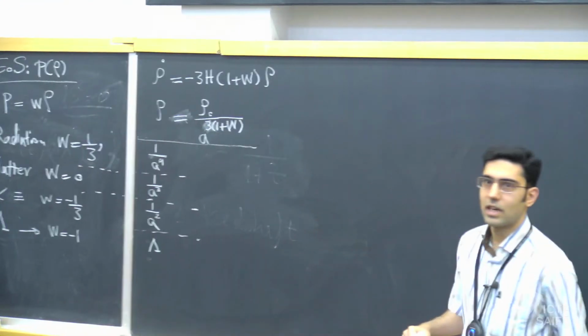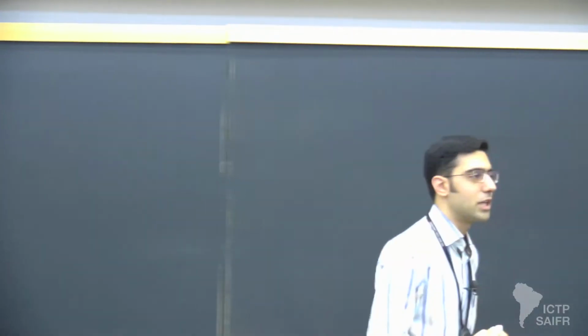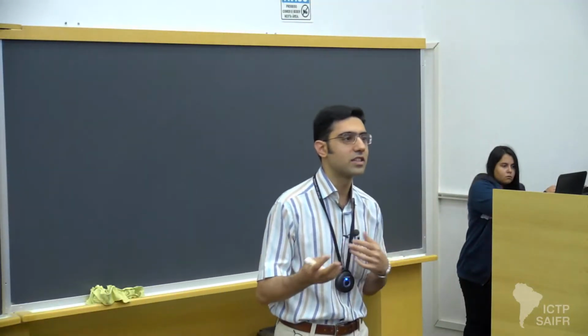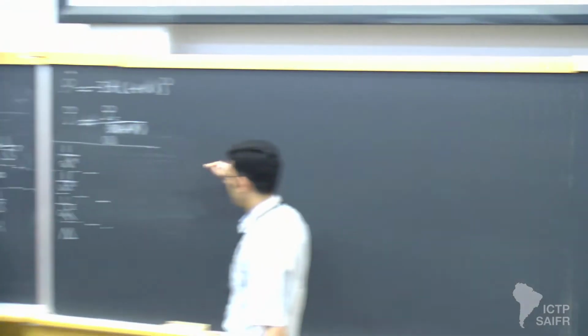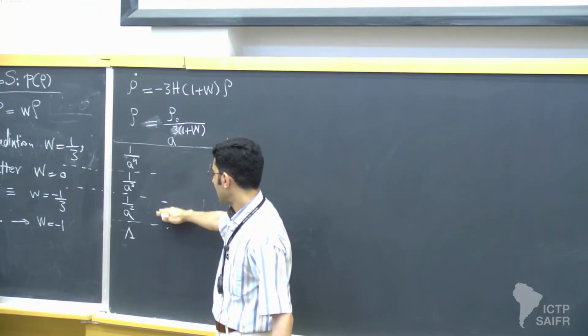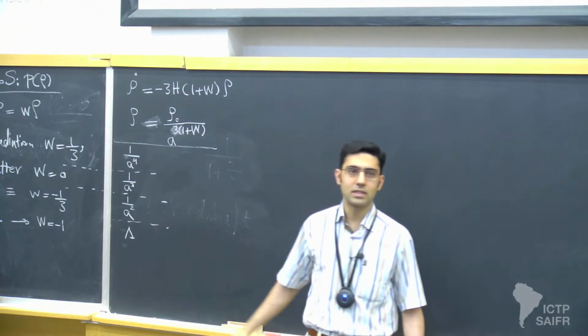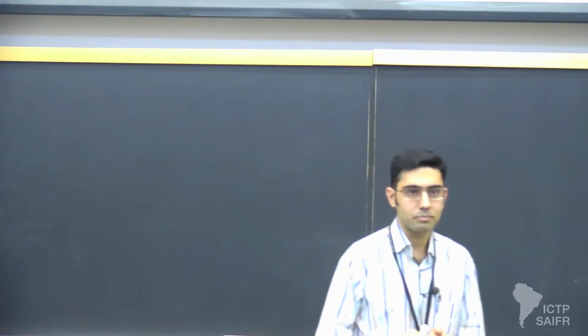So for instance, we can consider a universe that is a mixture of these different components. It has a bit of radiation, a bit of cosmological constant, a bit of matter, some curvature. And as time passes, as you see, these components change in different ways.